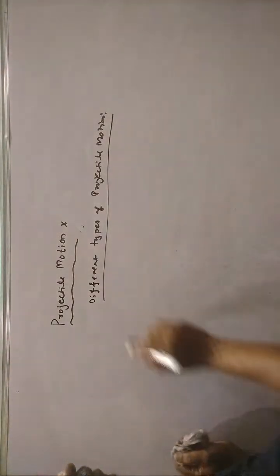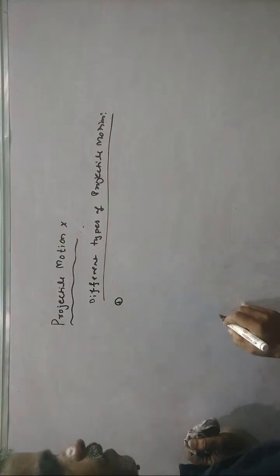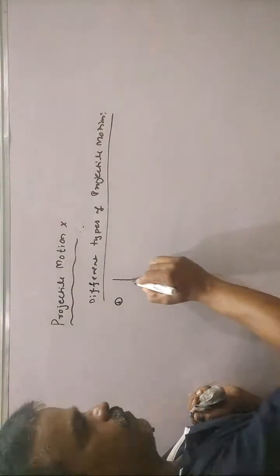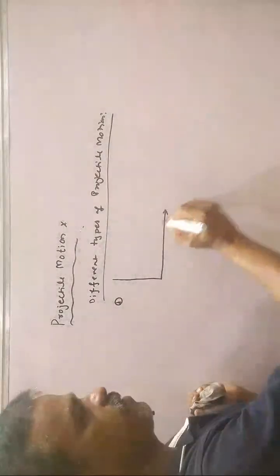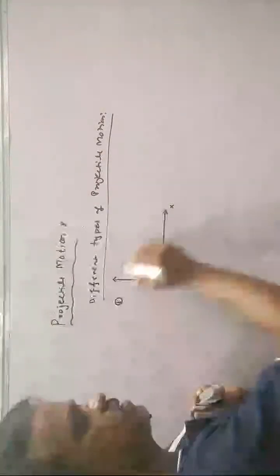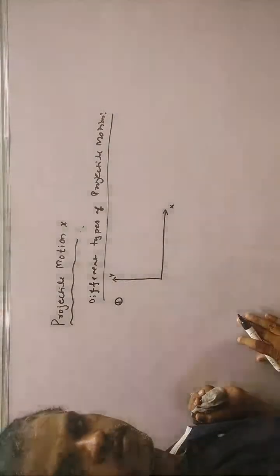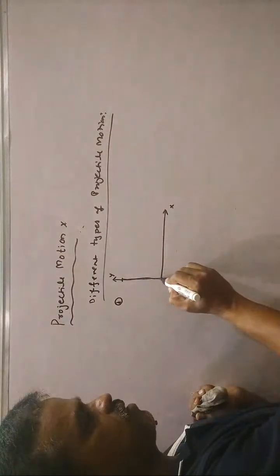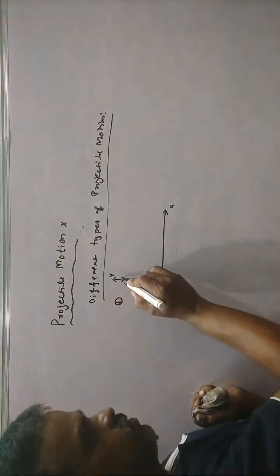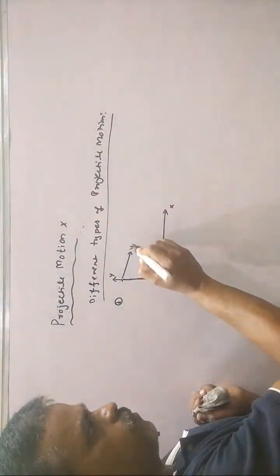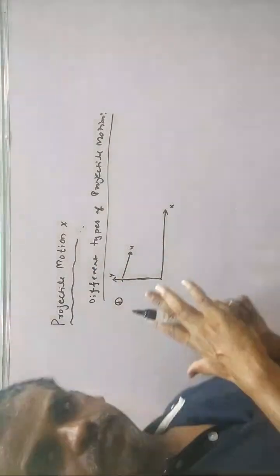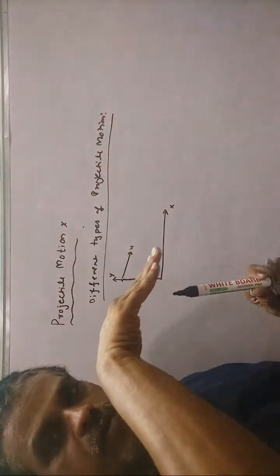See one more, the D type. This one is downward projection from a height. This is the x-axis, this will be the y-axis. This is a height. We are projecting downward with velocity from a height.